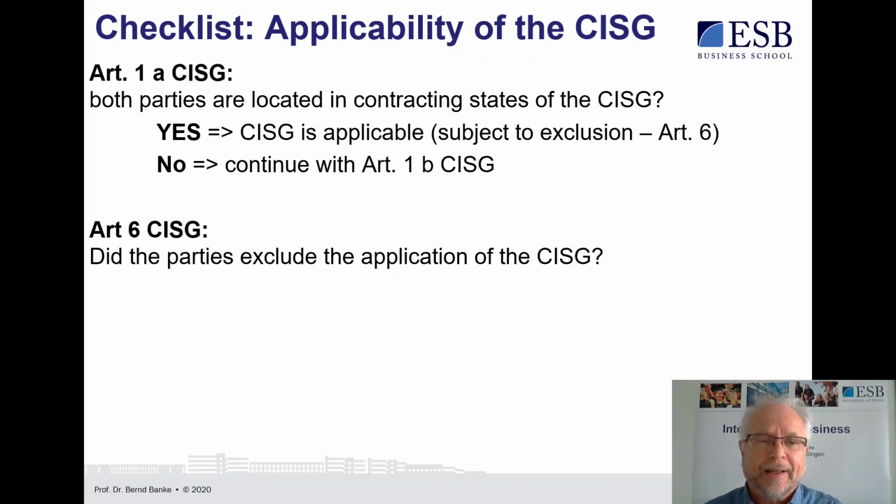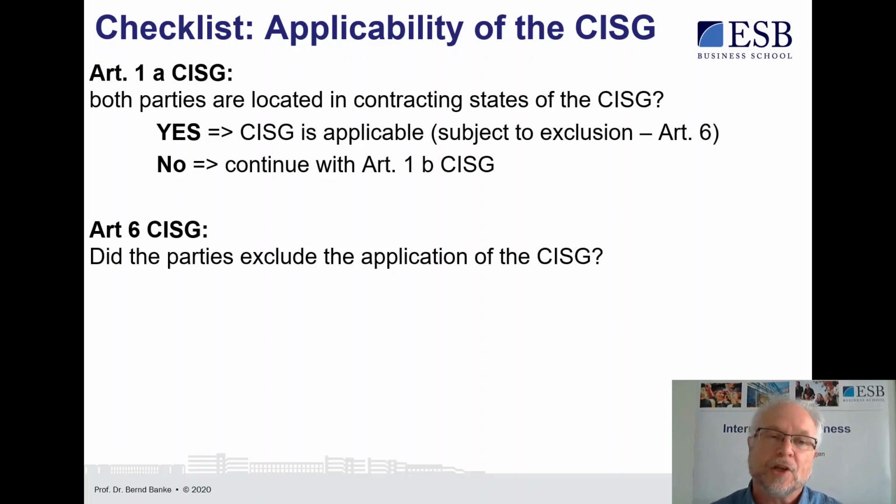we should ask another question, and that is, did the parties explicitly exclude the CISG? Looking at Article 6 of that convention, you can see that would be possible. So if the parties don't like the CISG for any reason, because they think that the Swiss laws are better, or the German laws are better, or the Finnish laws are better, they could do that and introduce that instead.